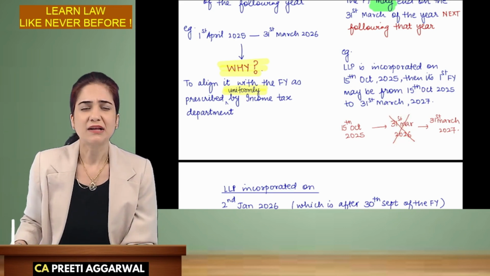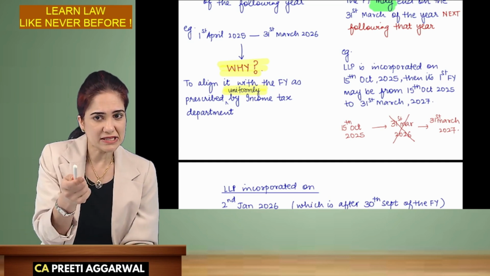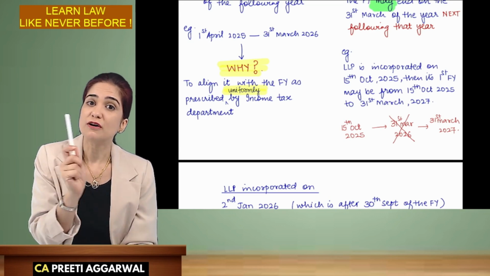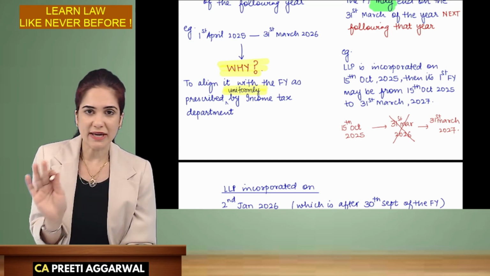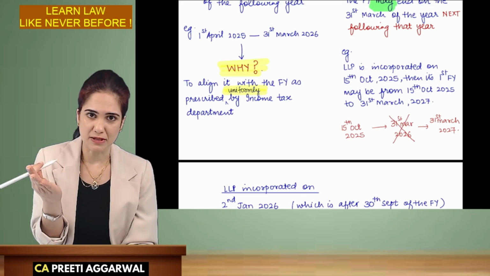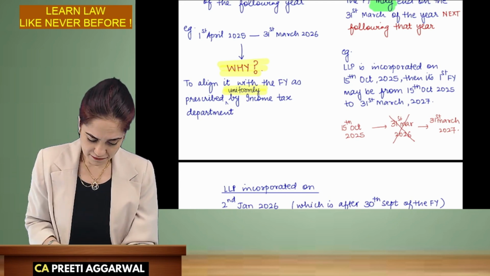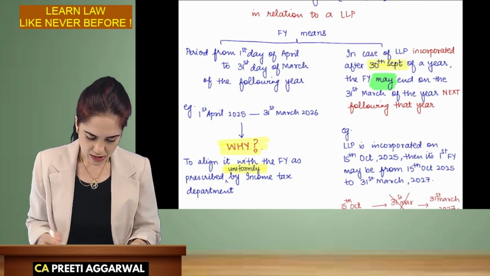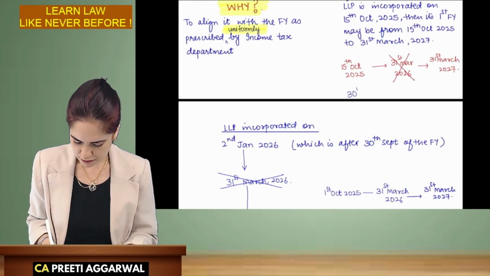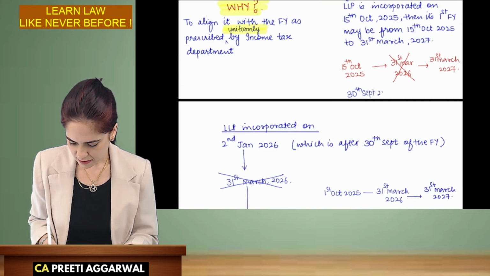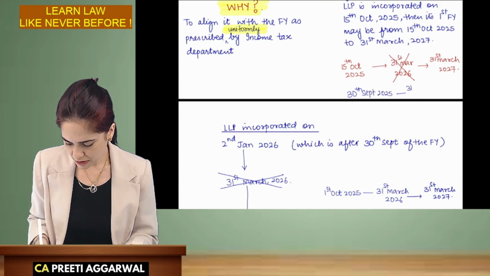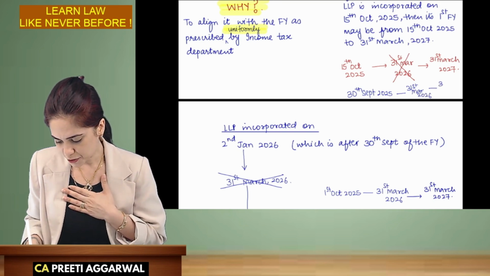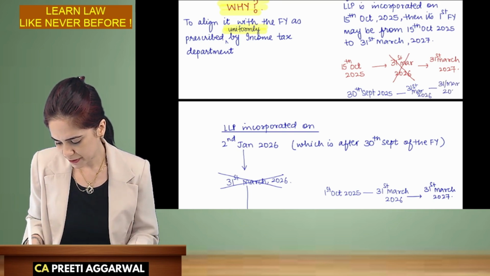So can I say that my first financial year in this case will be more than 12 months? Yes, this is allowed only for the first financial year. In no case can it be more than 18 months. How? See, if you are incorporated on, let's say, 30th September only, we may allow you to end not on 31st of March 2026, but instead on 31st of March 2027.